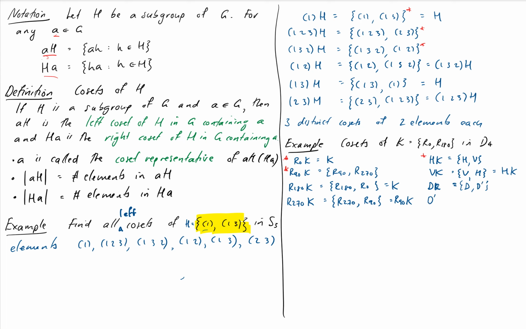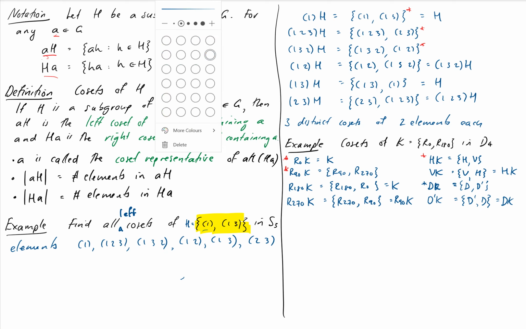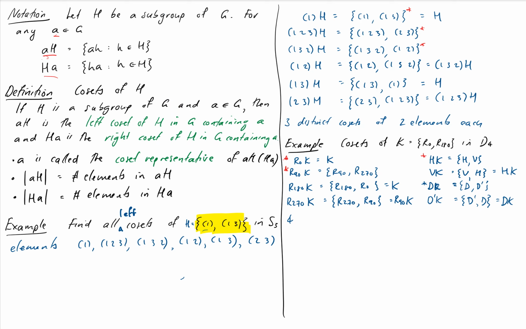And finally, D prime times K, again, consulting the Cayley table or figuring it out by hand, gives me D prime and D, which equals DK. So this time, there are 4 distinct cosets of 2 elements each again.